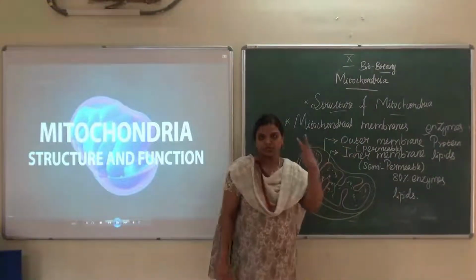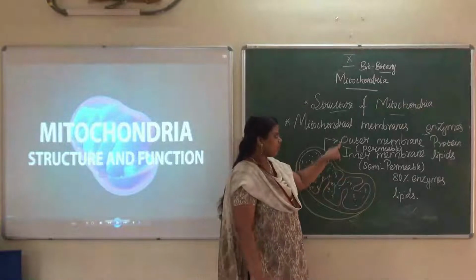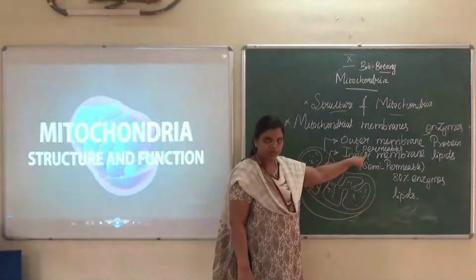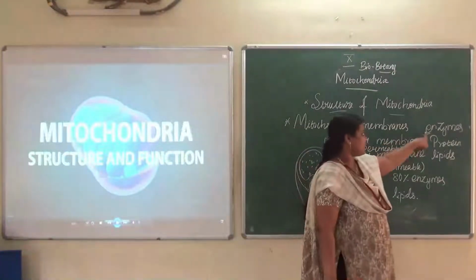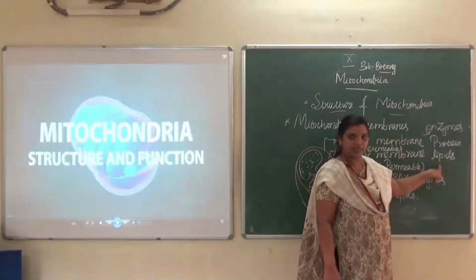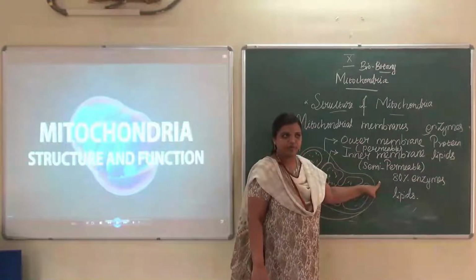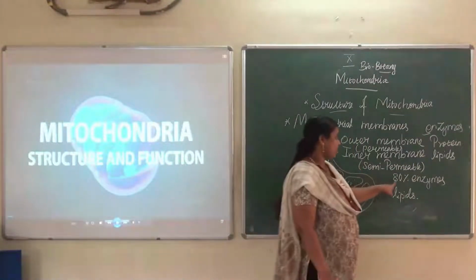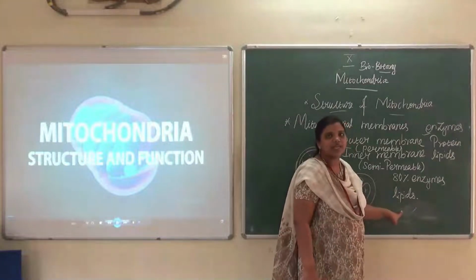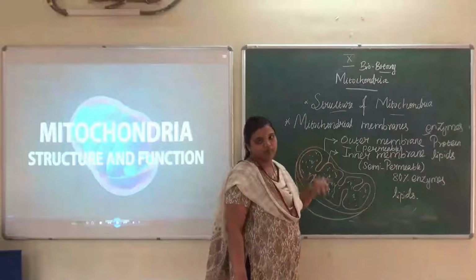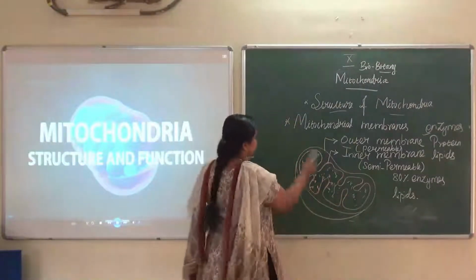The mitochondrial membrane has two types, outer membrane and inner membrane. The outer membrane is permeable and made up of enzymes, protein and lipids. The inner membrane is semi-permeable and made up of 80% enzymes and lipids. These are the mitochondrial membranes.